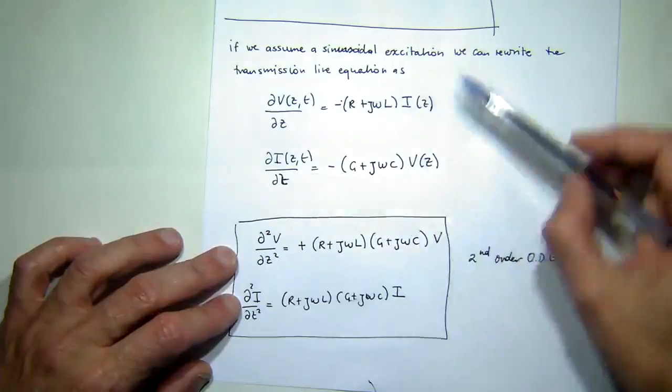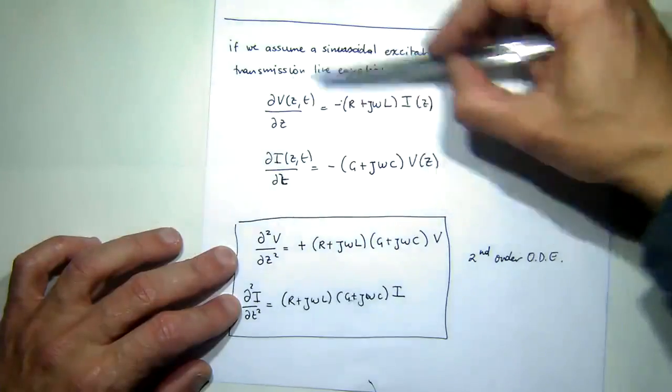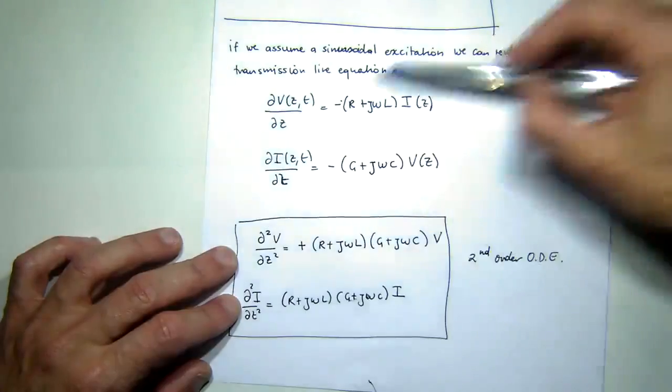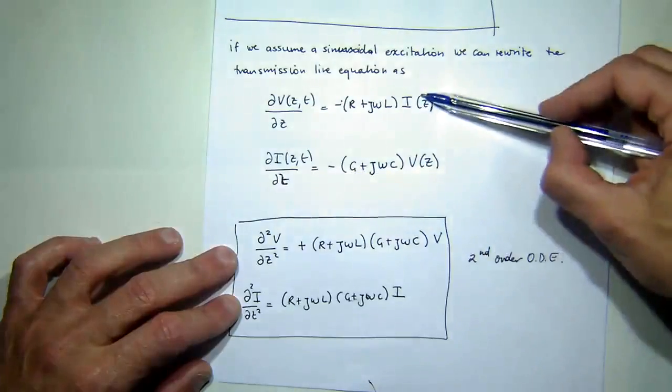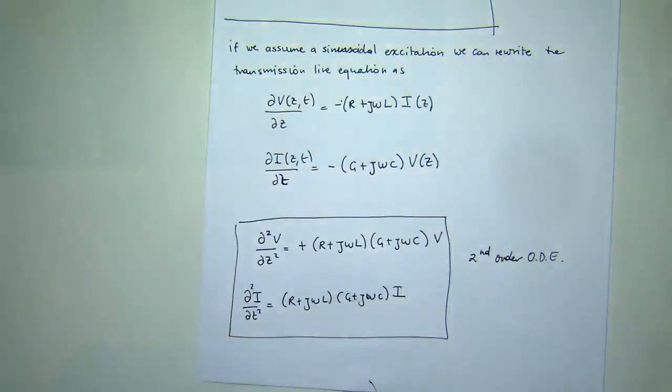Likewise, we can substitute the second derivative here, so we can resubstitute dI/dz into that part of the equation. Therefore we've got two second order ordinary differential equations, which we learned how to solve in first year science degree, or first year whatever. Okay?